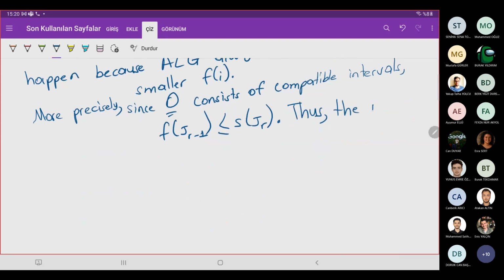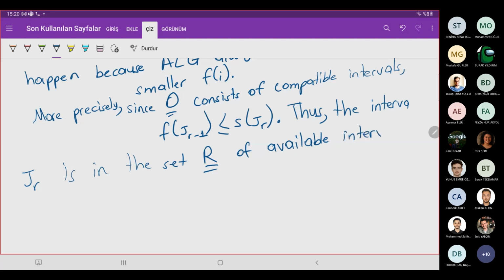The interval jr is in the set R of available intervals at the time when the algorithm selects ir.